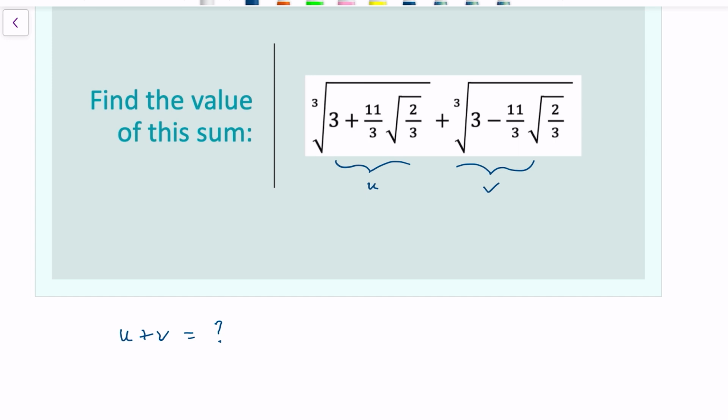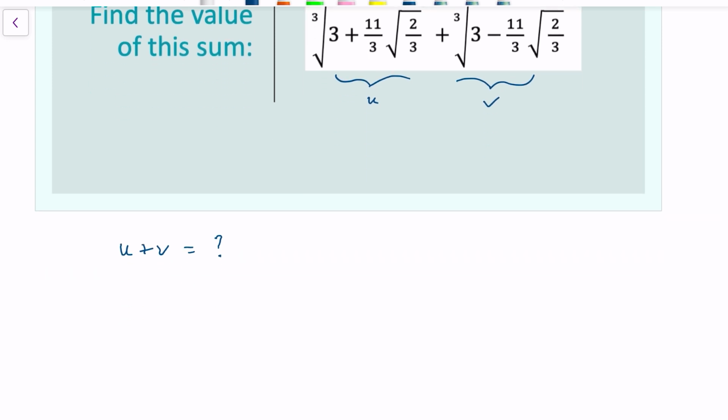Now, I know that the value of u plus v, if I just give that a letter as well, we'll call that s for sum, I know that I can cube both sides of this equation. So (u plus v) cubed equals s cubed. Expanding this using the binomial theorem, we get u cubed, and we get 3 lots of u squared v, 3 lots of u v squared, and v cubed.